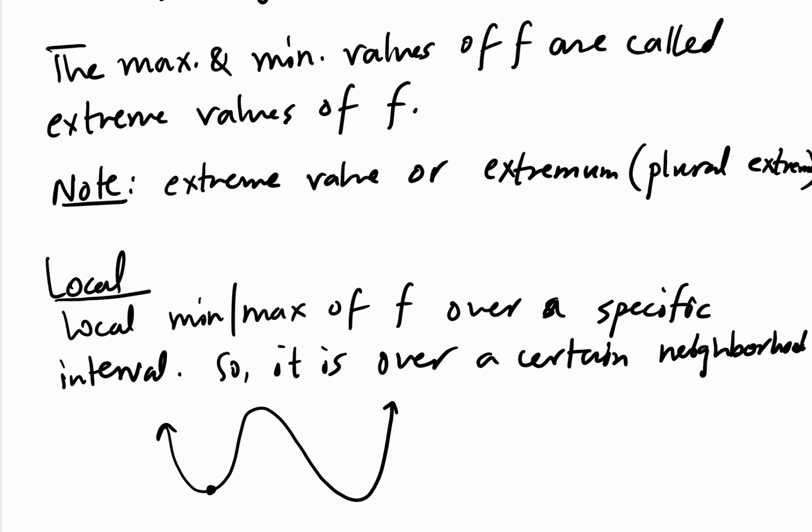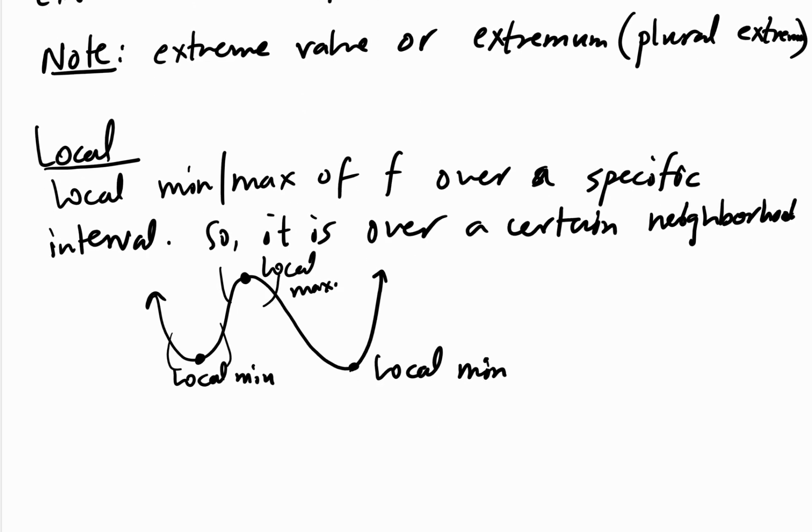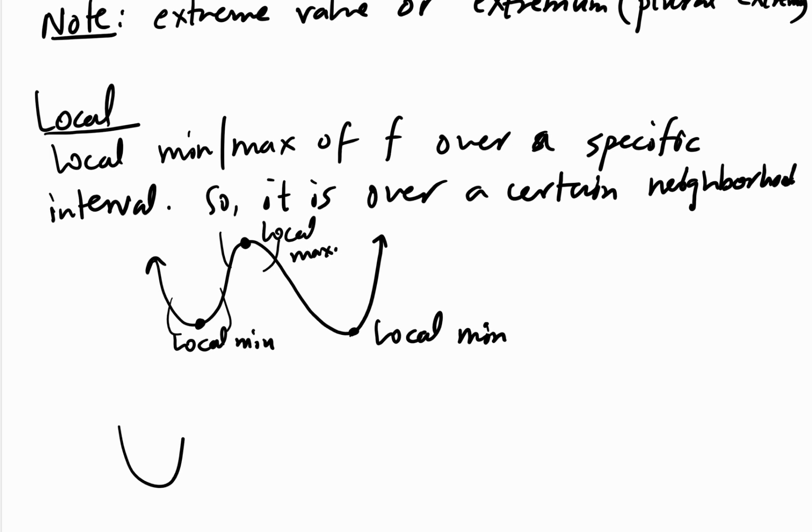So this is the local min or relative min. So that's the minimum value within a certain neighborhood. This top one, that's local max. So that's the maximum point the graph can reach over that interval. This is local min. So again, local min occur at these kind of points.